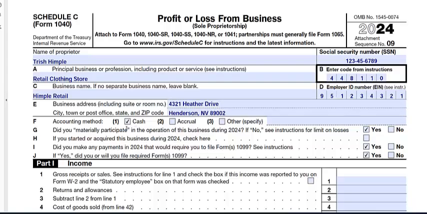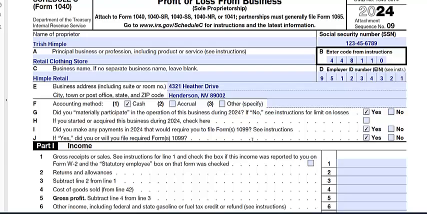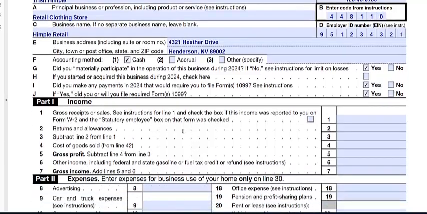It said in the narrative that she uses the cash basis of accounting. She did materially participate in the operation of the business, so we'll click yes. It was not started in 2024, so we won't click here. She did make payments where she would have to complete a Form 1099, and she's saying that she did complete those. So we'll start with the gross receipts from the business.